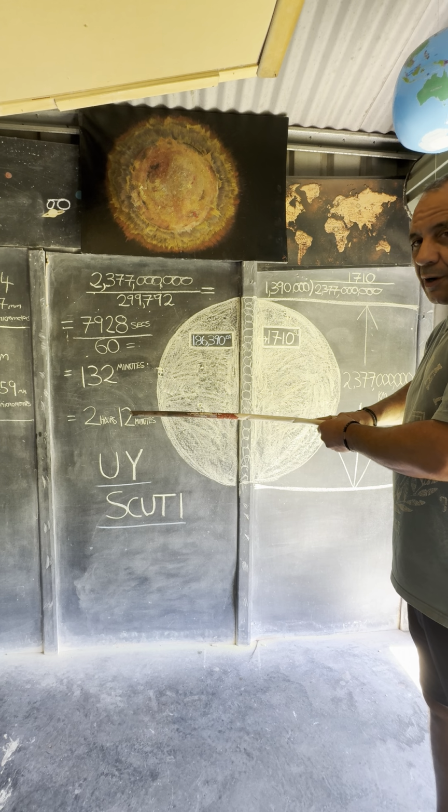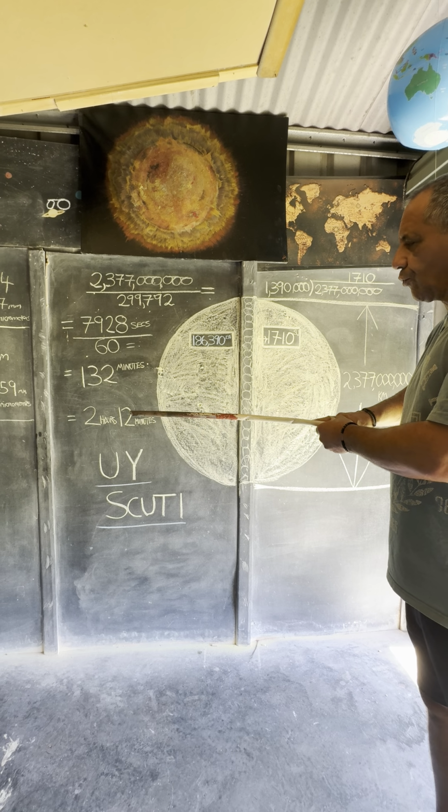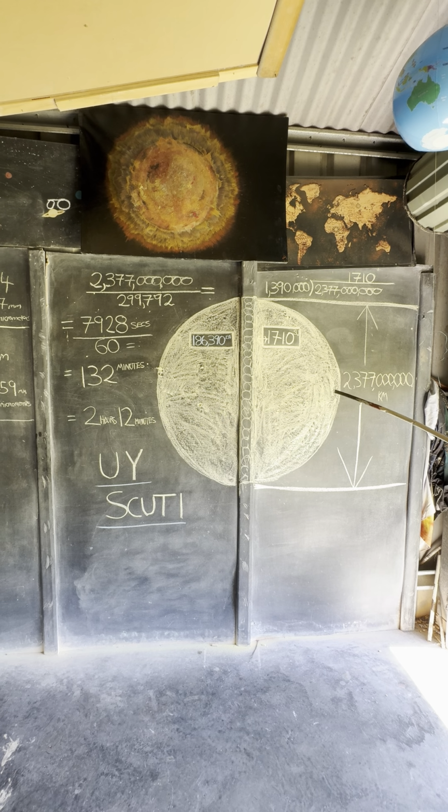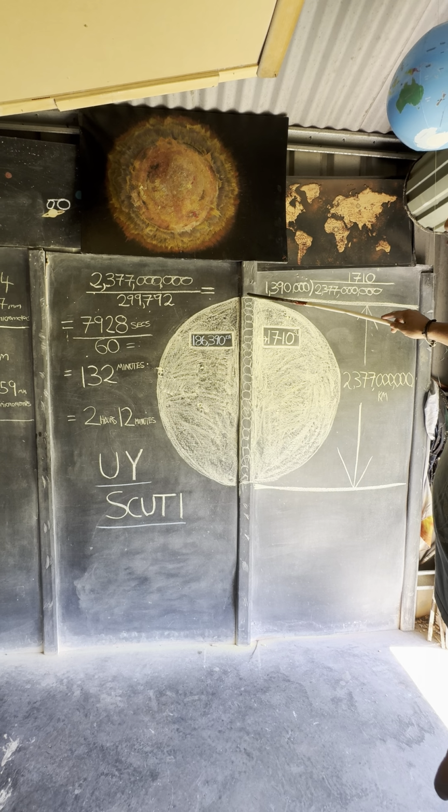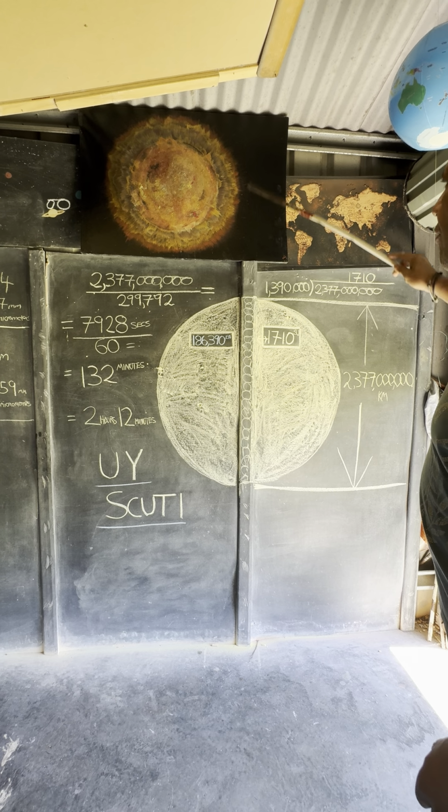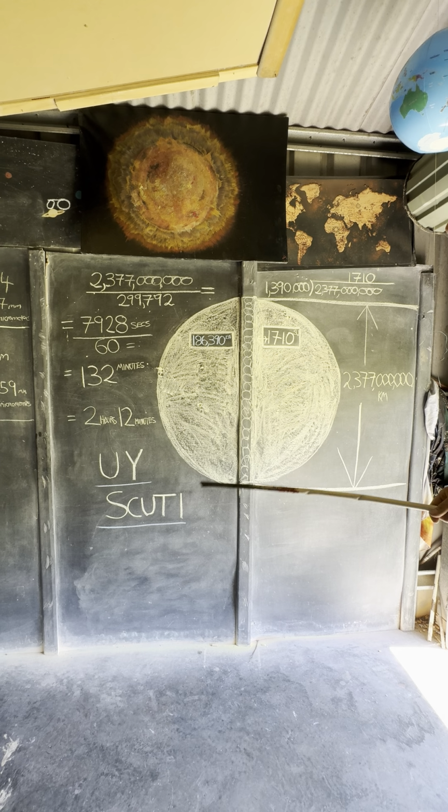Now, can you see where we're at? 2 hours and 12 minutes, or that way. And 2 hours and 12 minutes to radiate its light from there, that way, one diameter.